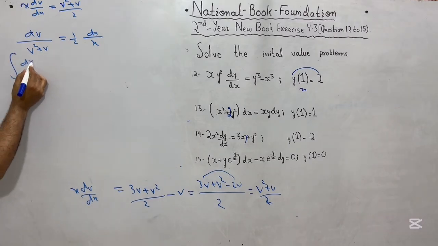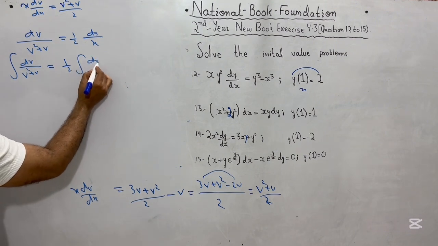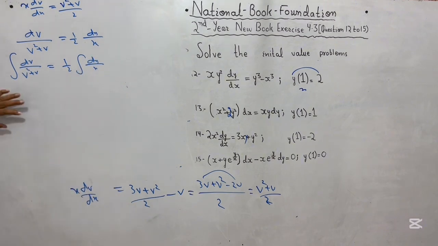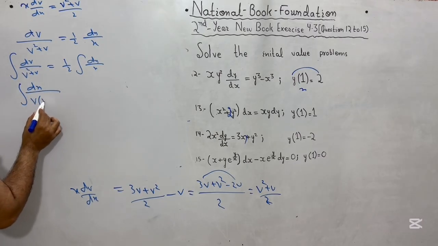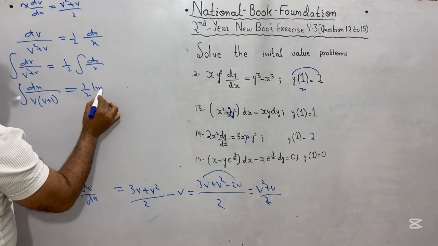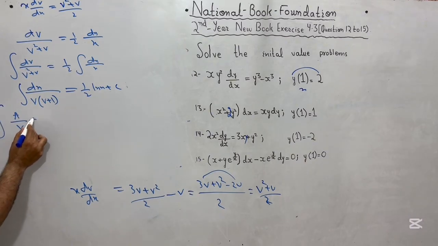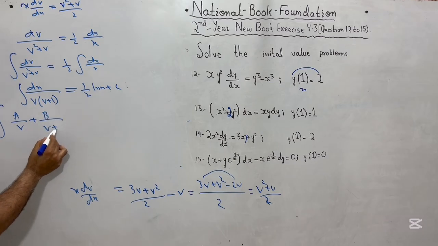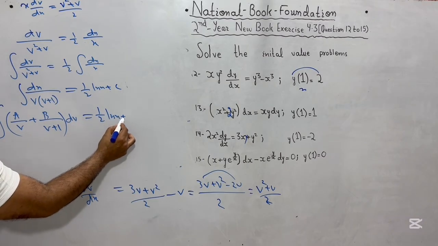Integrating with respect to their independent variables. 1 upon 2 is a constant, and dx over x is a situation of ln. Look at this, it is not a function-derivative situation. Take v common, it is a simple case of partial fraction. Here, apply partial fraction. It can be written as a over v plus b over v plus 1, dv is equal to 1 over 2 ln x plus c.